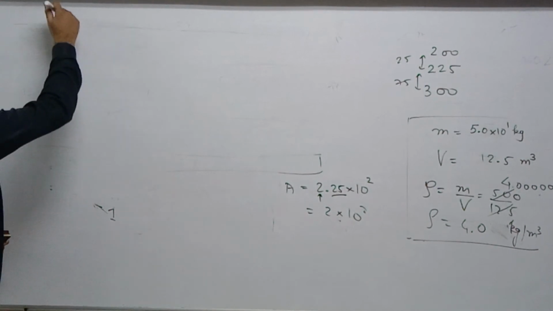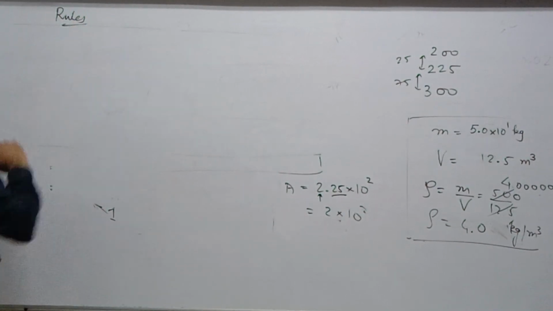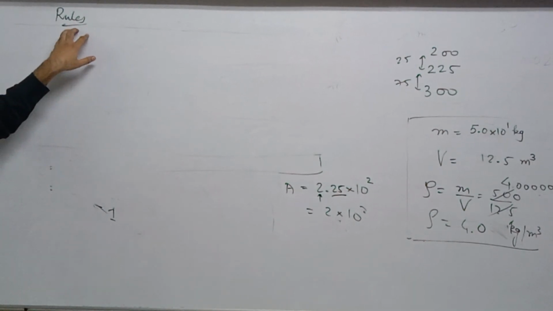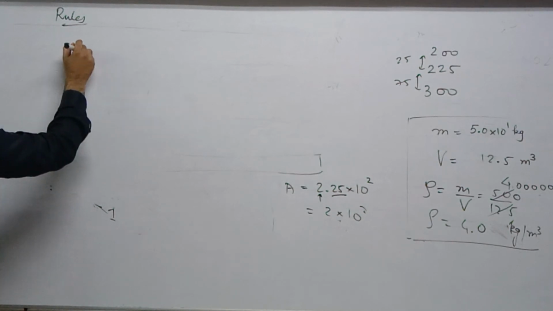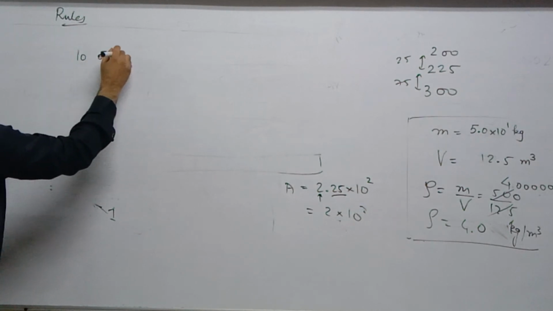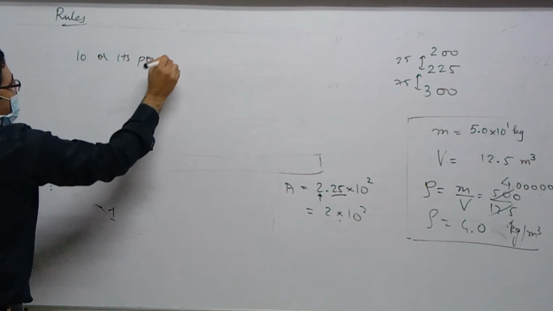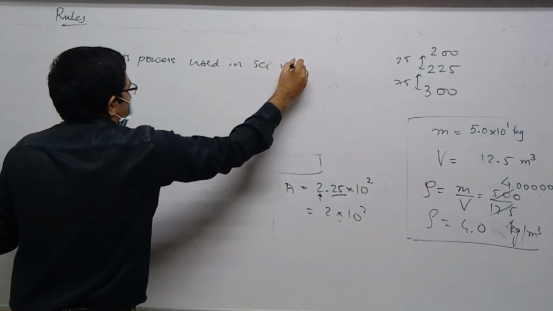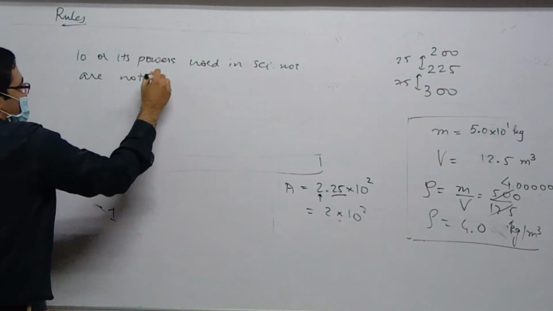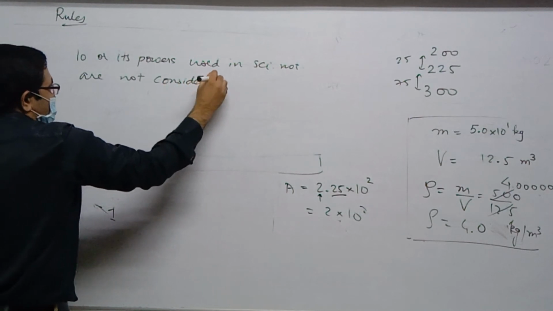If you have space where you have written about significant digits for the first time, I suggest that you write it with that. The rule is that 10 or its powers, used in scientific notation, are not considered significant.